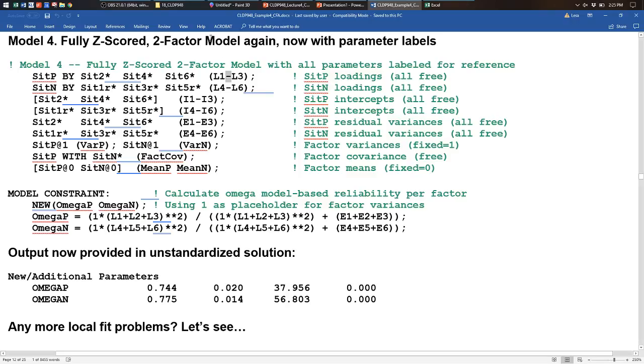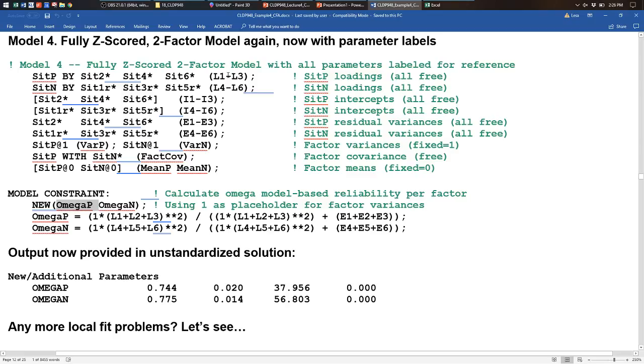So here's the formula, where the factor variances are 1 in this model. The sum of the loadings squared, so in Mplus squared is 0.2, star 2, divided by all of that plus the sum of the error variances. So how this works is that you define a new parameter, 8 characters or less, so I'm calling this one omega p, meaning omega reliability for the positive items.